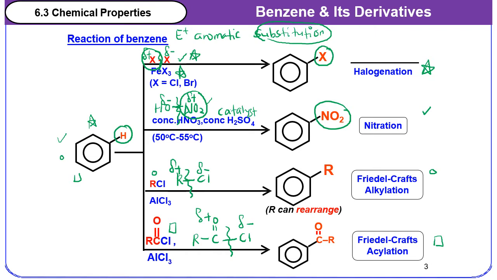When reacting with the haloalkane, the alkyl group is the electrophile, so the hydrogen is replaced by the alkyl group. When the bond breaks between the acyl group, RC double bond O, and Cl, this part will bond to the benzene ring. Keep in mind, the bond breaks between carbon and Cl, so the bond over here has to be to the carbon.